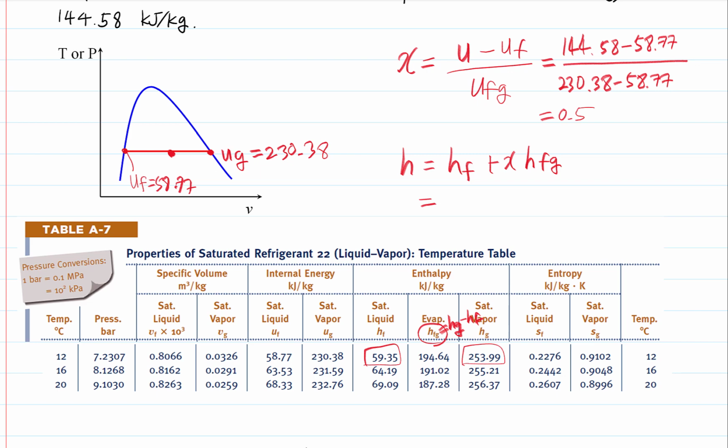So hf plus quality 0.5 times hfg, the specific enthalpy was calculated.